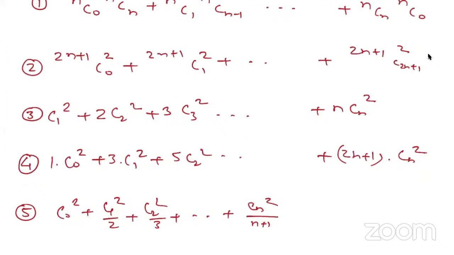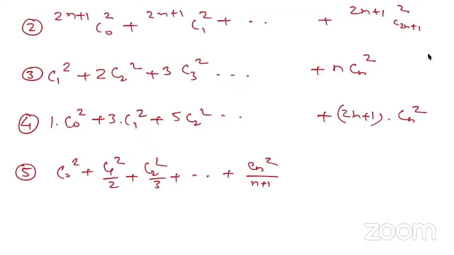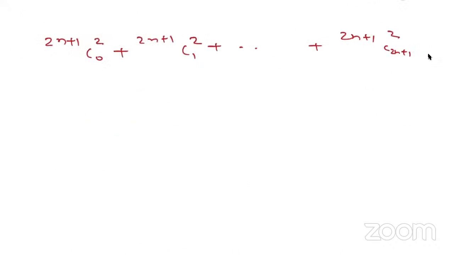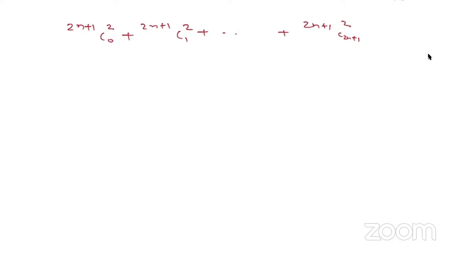Look at the second question again. The same concept we can apply to (2n plus 1)C0 square, (2n plus 1)C1, and so on. So step first, the Tr plus 1 term is (2n plus 1)C0 into (2n plus 1)C0.